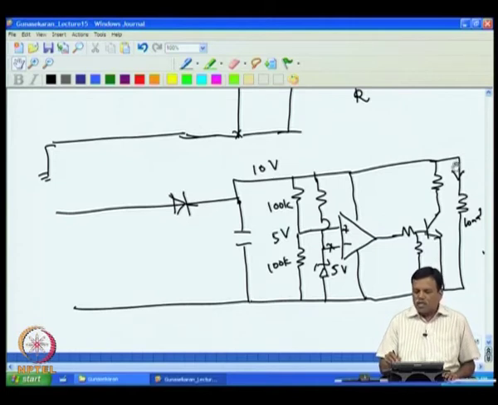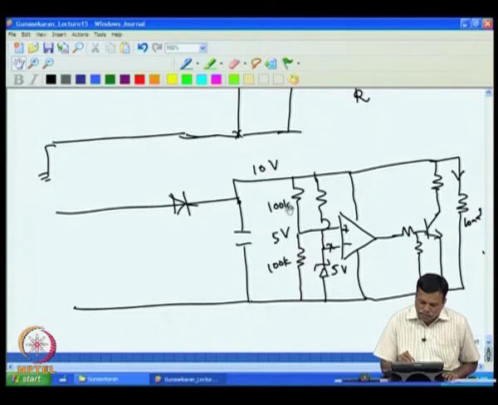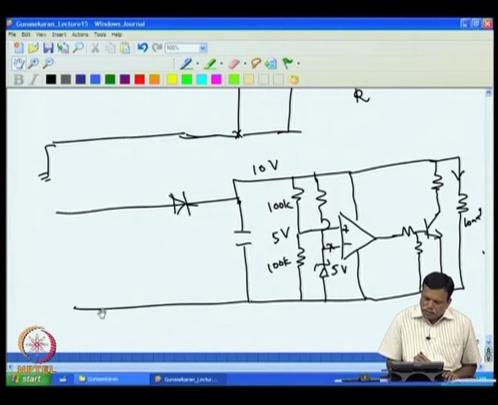So if large current flows through this, current flowing through this is reduced. If less current flows through this, current through this is increased, such that the voltage at this point is maintained at say 10 volt. So this can be maintained at any voltage as you like by varying this. So in this way the current flowing through this produces now the fixed DC voltage.